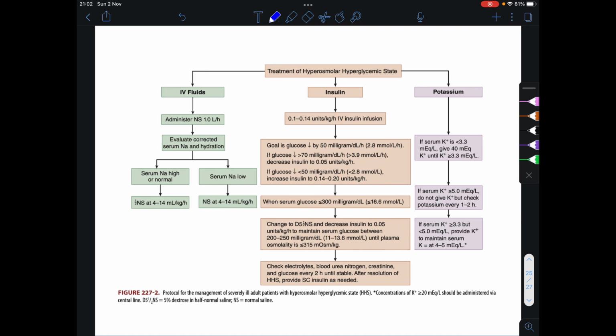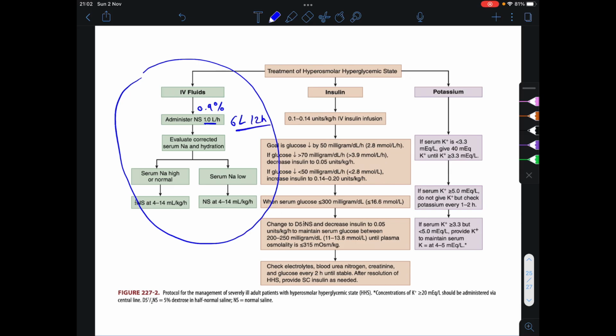This slide summarizes the whole treatment of HHS. The main part of treatment is fluids. You want to give fluids in the beginning at a rate of 1 liter per hour, 0.9% normal saline. You want to give about 6 liters in the first 12 hours. And whenever you give fluid, you always have to monitor the osmolality.